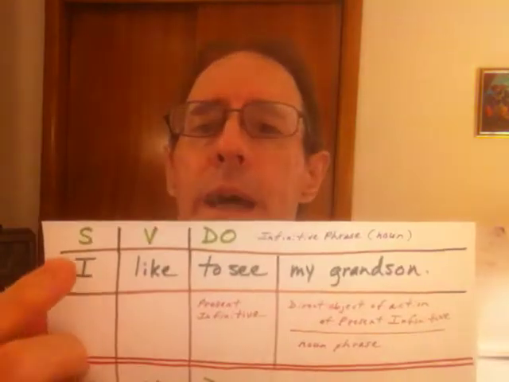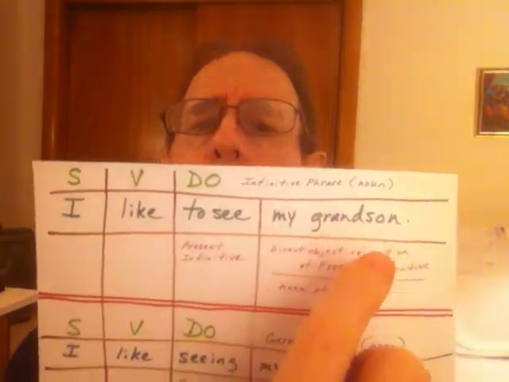And then one last thing. I know I take too long. If you wonder structurally what goes on in these sentences, if you want to diagram them or look at the syntax, look at the construction, and say, well, how does that work, and what are we dealing with as far as sentence functions? Well, I like to see my grandson. All right.